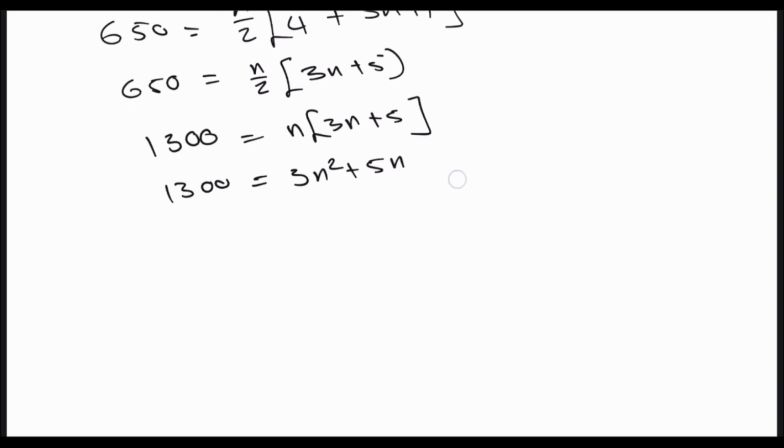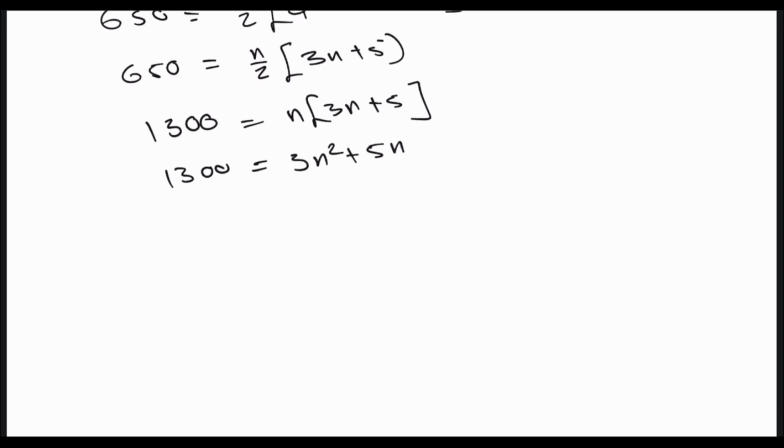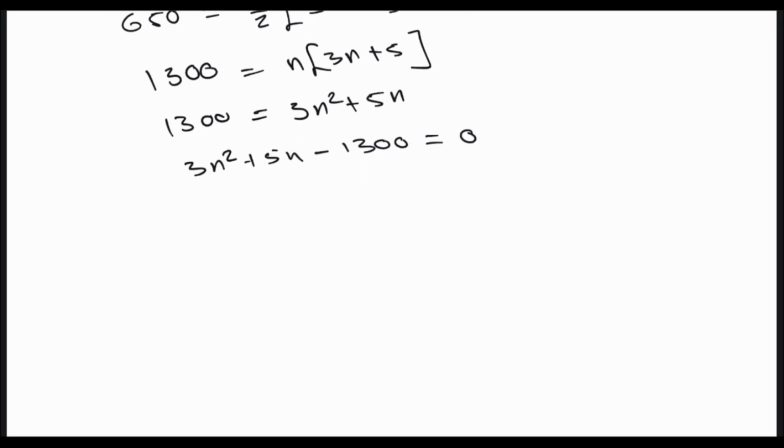We transpose that 1300 to the other side, and we get that 3n squared plus 5n minus 1300 is equal to 0, right? So now we can find the value of n using the quadratic formula, right? And we get that n is equal to minus 5 plus or minus the root of, what is our b? Our b is 5 squared minus 4 times a. What is a?